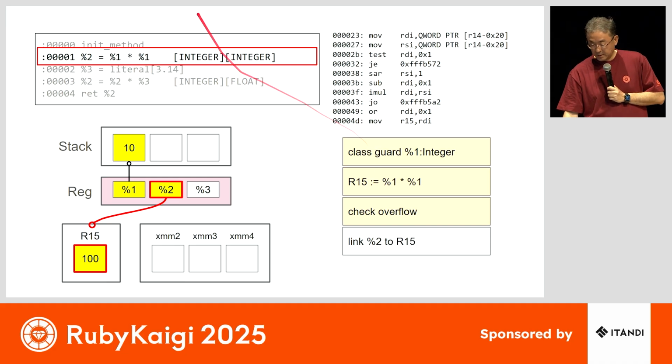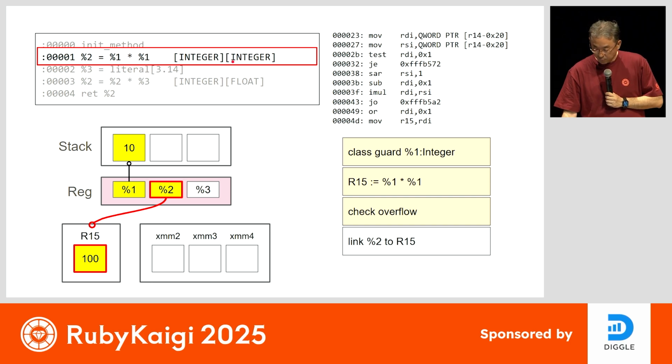Next, the multiply operation, and trace information shows register 1 is an integer. So we must check that the value of register 1 is actually an integer. After checking, we know register 1 is an integer, so register 1 is colored in yellow.